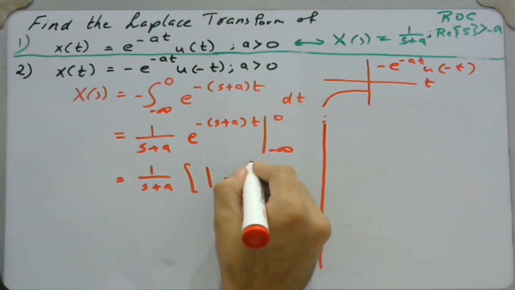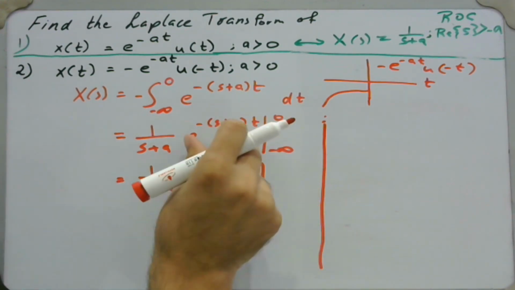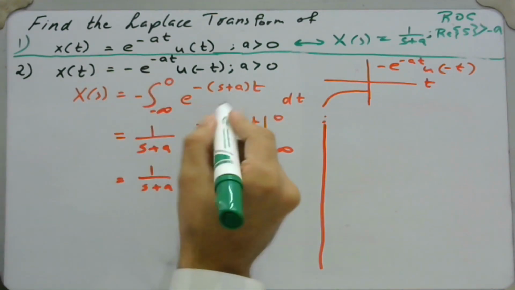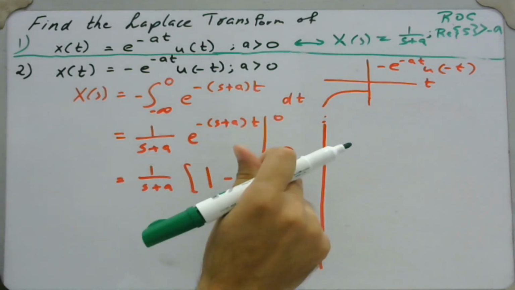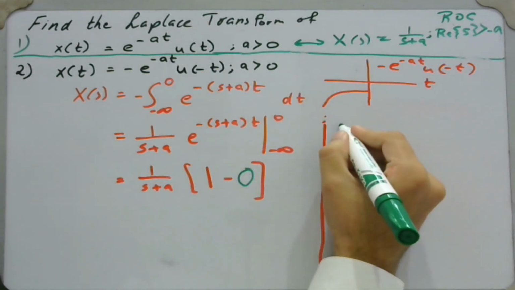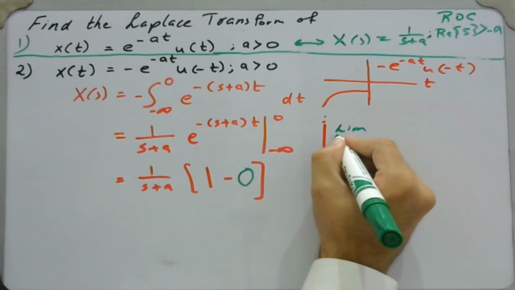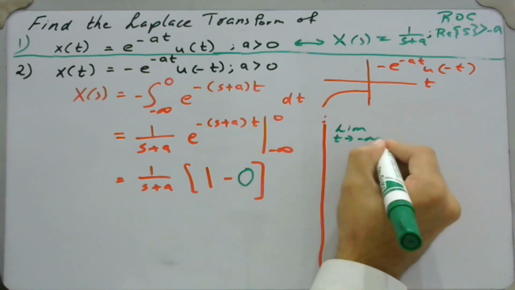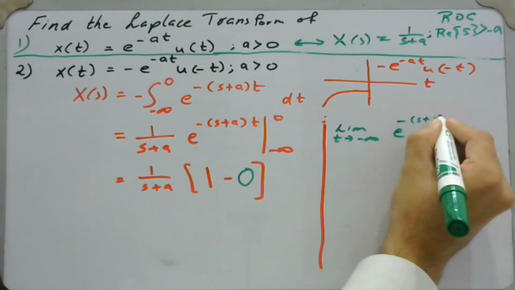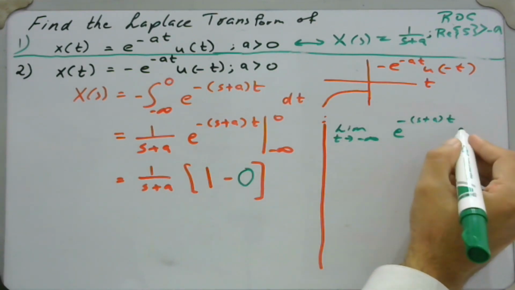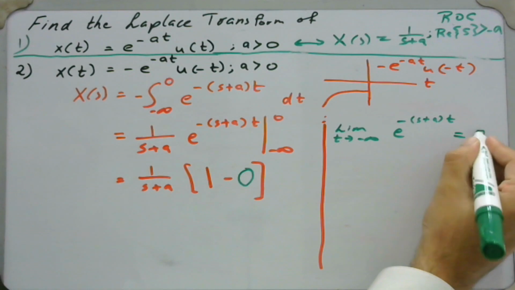But we are interested in when this function converges. So it would converge when we have a value of 0 over here, when time is minus infinity. So that is when the limit as t tends to minus infinity, e to the power minus (s plus a) t, would be 0.